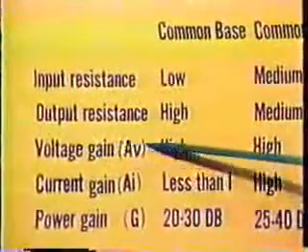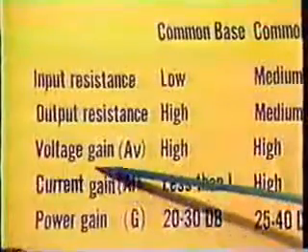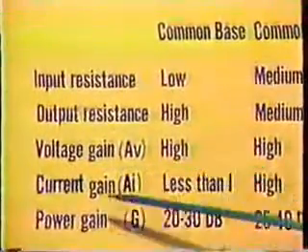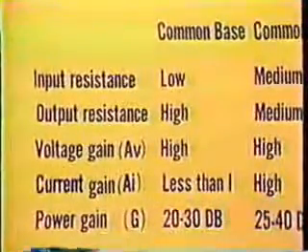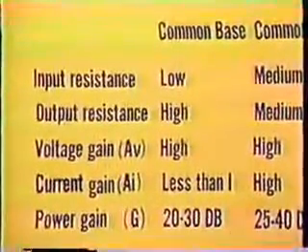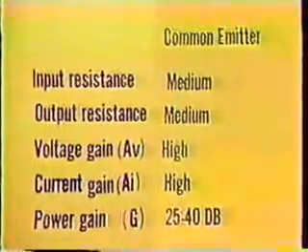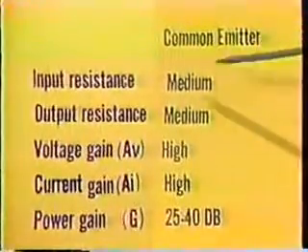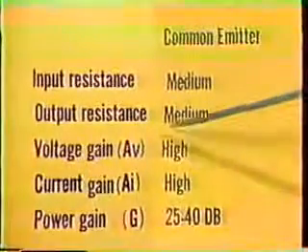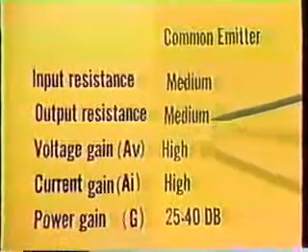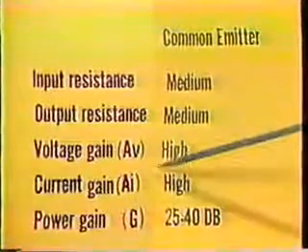Let's summarize the characteristics of the 3 types of transistor amplifiers. Common base: the input resistance is low, the output resistance high, the voltage gain is high, the current gain less than 1, and the power gain 20 to 30 dB.